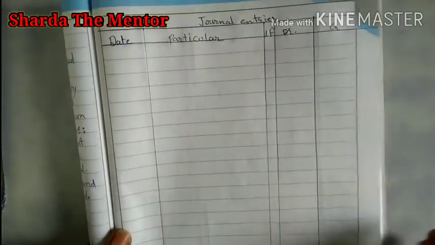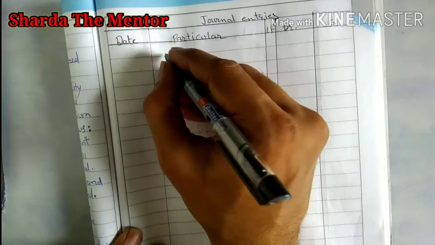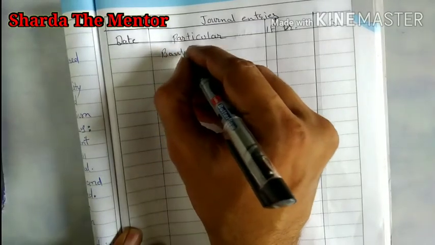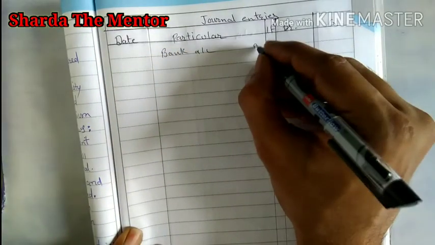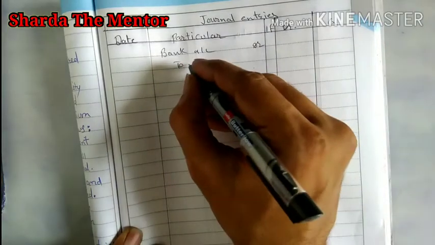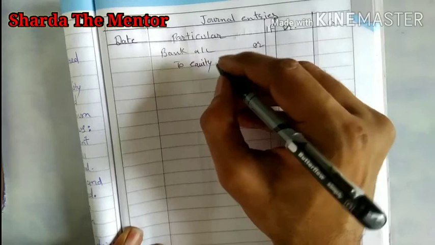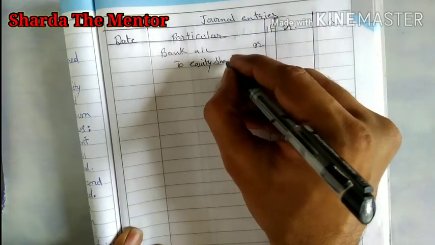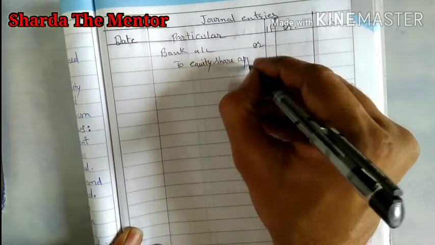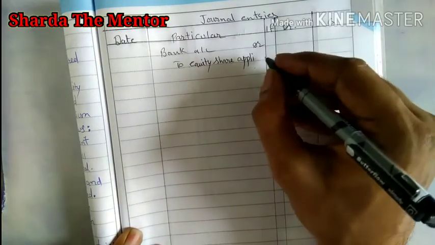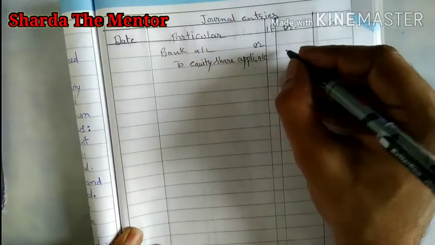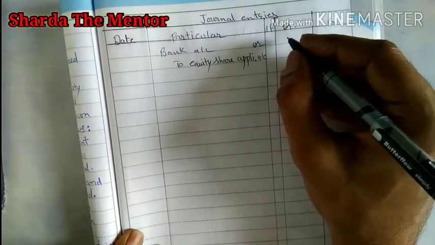Now when you pass the entries, the first entry, we already did in the previous question, is related to equity share application. If it is equity, then you will mention equity share. If it is preference share, you will mention preference share. So bank account debit to equity share application account credit.